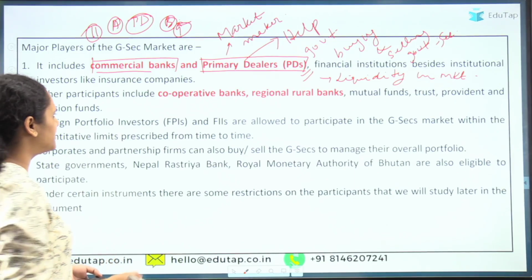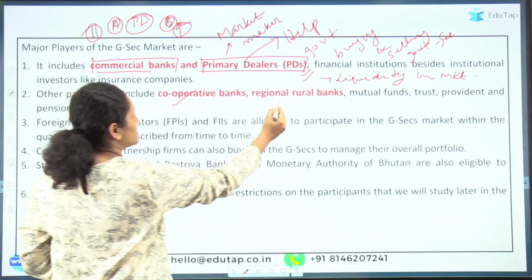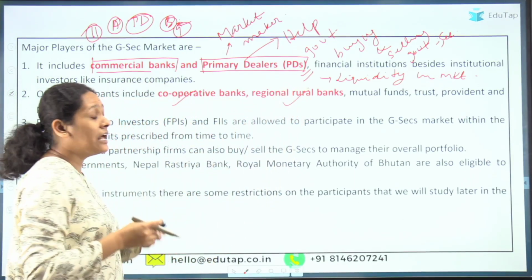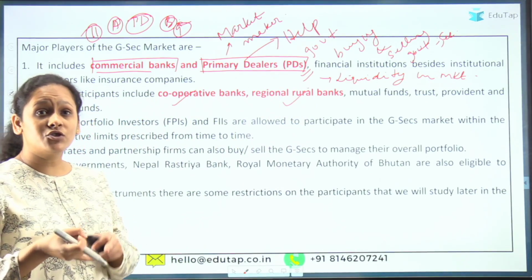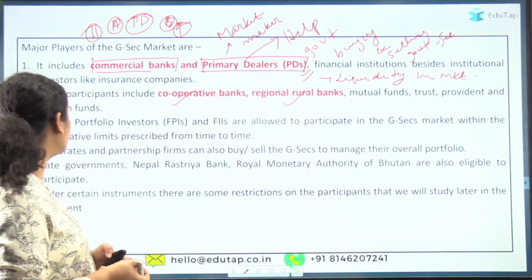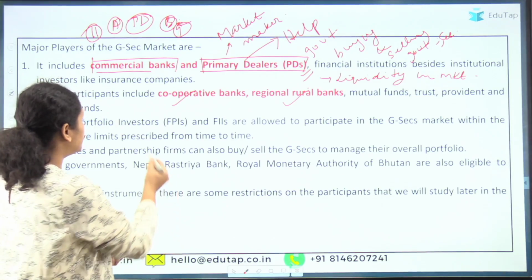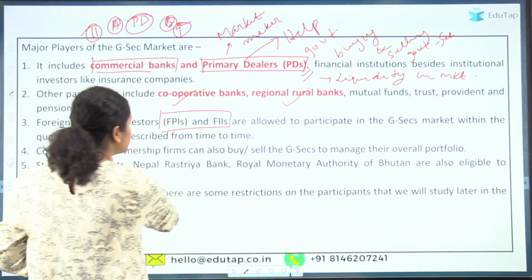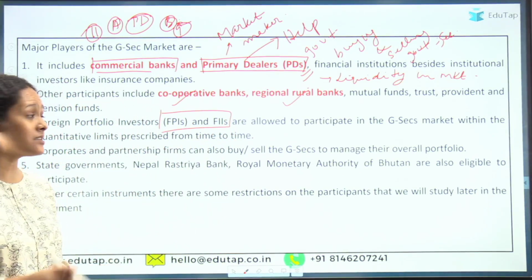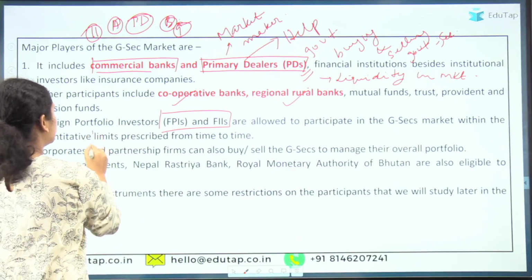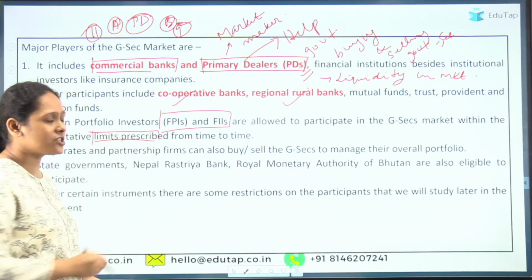Who are the other participants? There are cooperative banks, regional rural banks, and also mutual funds, trusts, provident funds, etc. Keep in mind, FPIs and FIIs can also invest in GSECs, but there is a limit prescribed, which is changed from time to time.